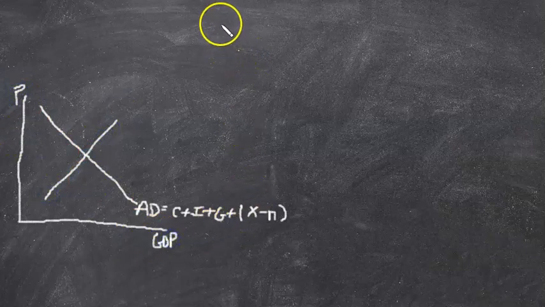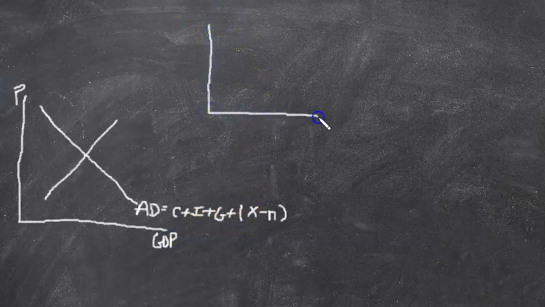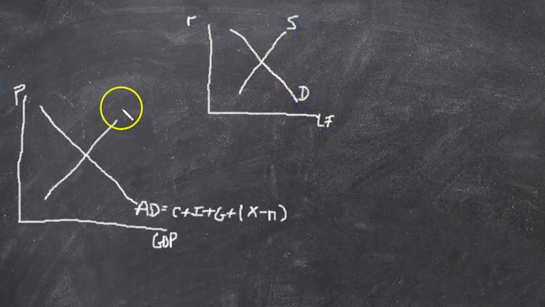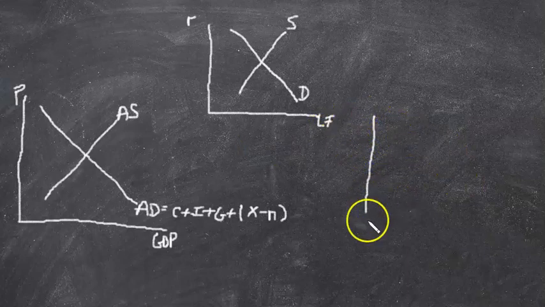We also have, and I'll draw this up on top here, the market for money. We just saw this. We have loanable funds. We have interest rates. We have the supply of loanable funds and the demand of loanable funds. And we're going to have over here, let's put the demand for euros.